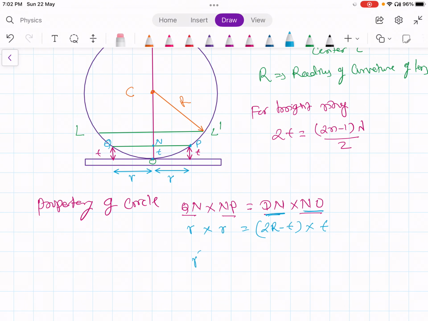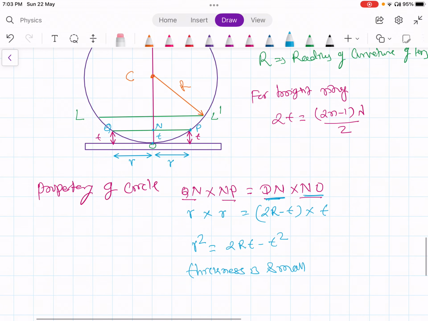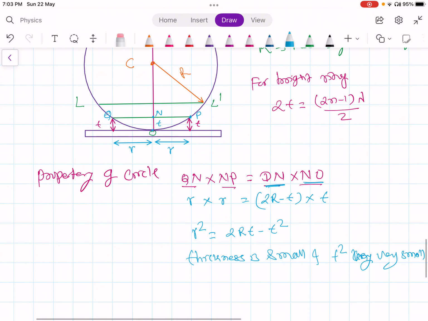So we can write this as R square is equal to 2Rt minus t square. t is the thickness and thickness is small, and hence t square will be very small and can be neglected.